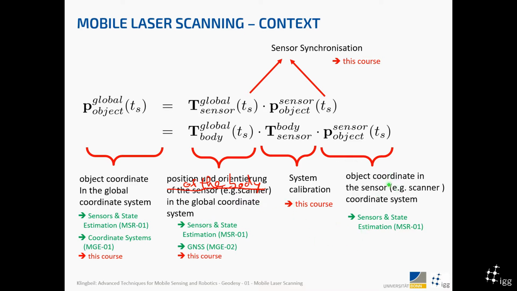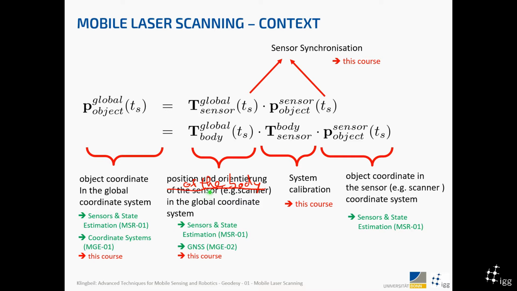So how the scanner actually measures has been shown already in the sensor state estimation module last semester, which was the predecessor module of this. The system calibration is something that we will talk about in this course. Yeah? This is the content that we will learn this semester.